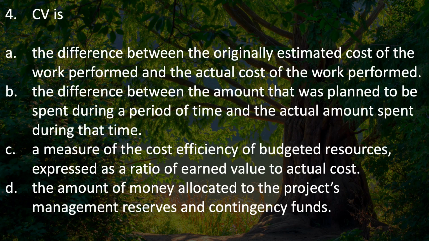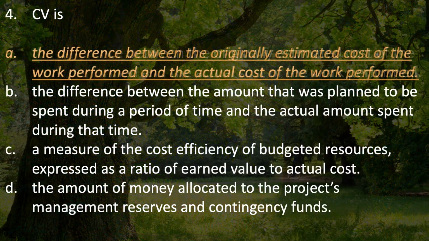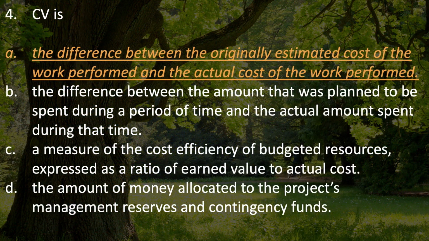Or D, the amount of money allocated to the project's management reserves and contingency funds. And the correct answer is A, the difference between the originally estimated cost of the work performed and the actual cost of the work performed.